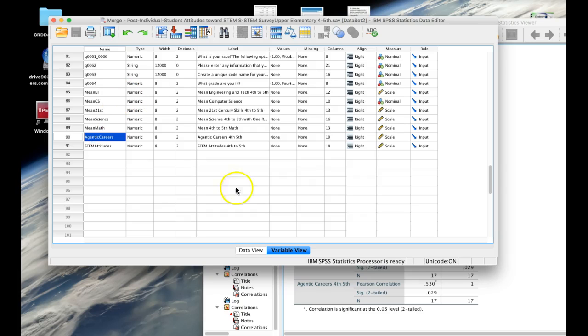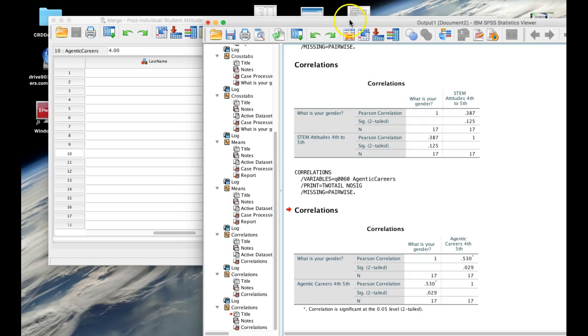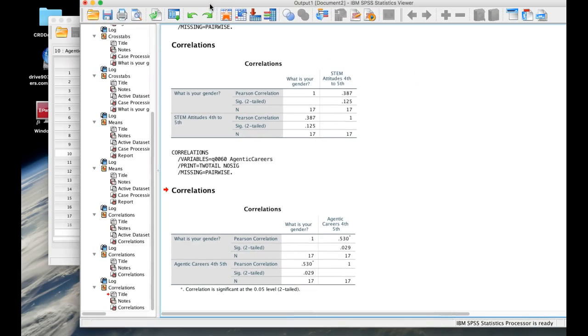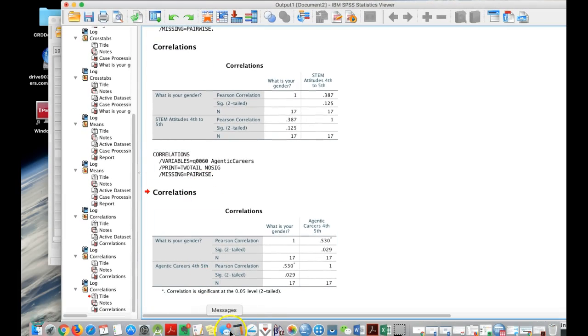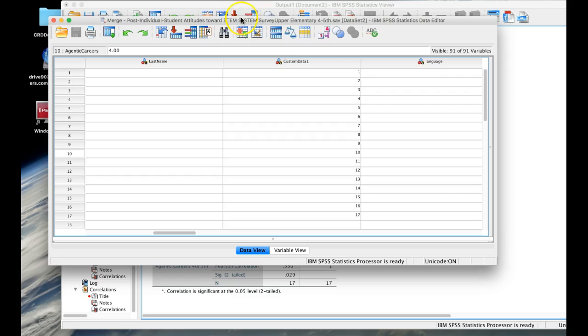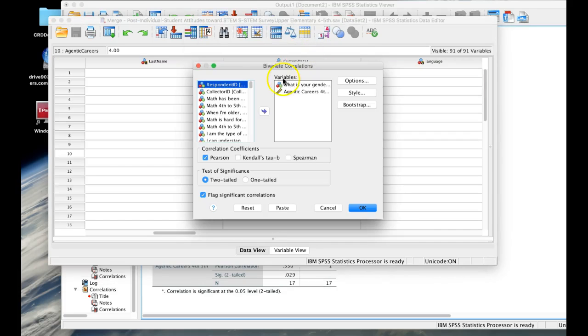And so now I have my data view here and my output. So I did a correlation, and what I did with the correlation is, go back over to here, I did analyze, correlate, bivariate.